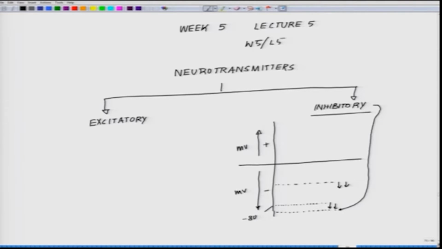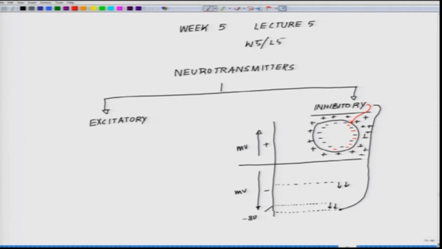And what is the remark I used to justify it? I told you that if this is the cell, it has negatively charged ions which are in higher number as compared to outside. Such further negative polarization can only happen when I am increasing the negatively charged ions inside, and that is promoted by an inhibitory neurotransmitter.